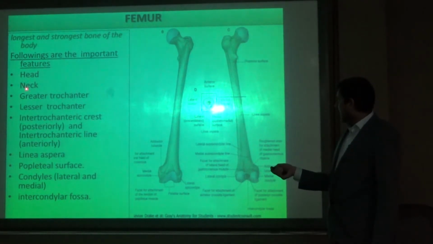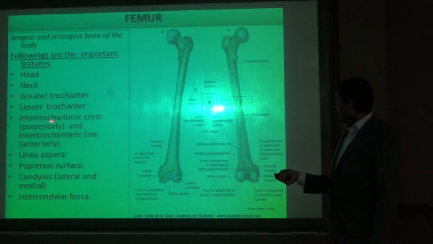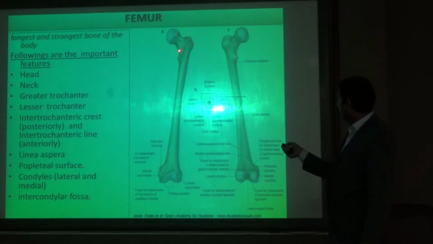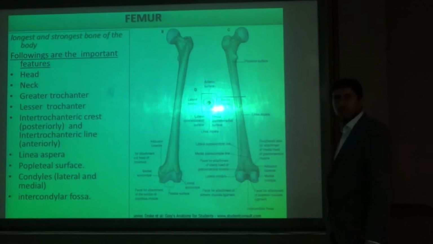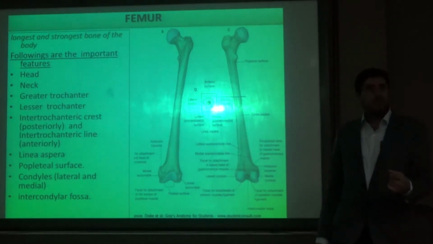Trochanter, head, neck, trochanter, lesser trochanter, and intertrochanteric crest. Between two trochanters you will find there is a crest. Crest means border.